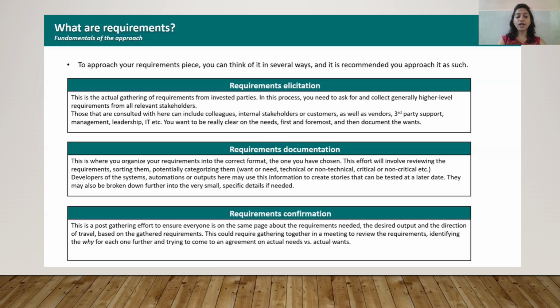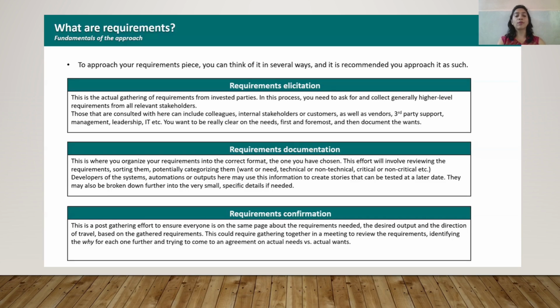This is the post-gathering effort to ensure everyone is on the same page about the requirements needed, the desired output, and the direction of travel based on the gathered requirements. This could require gathering together in a meeting to review the requirements.